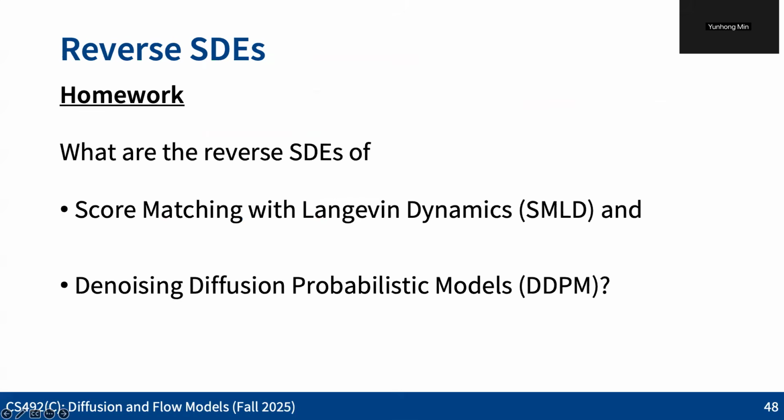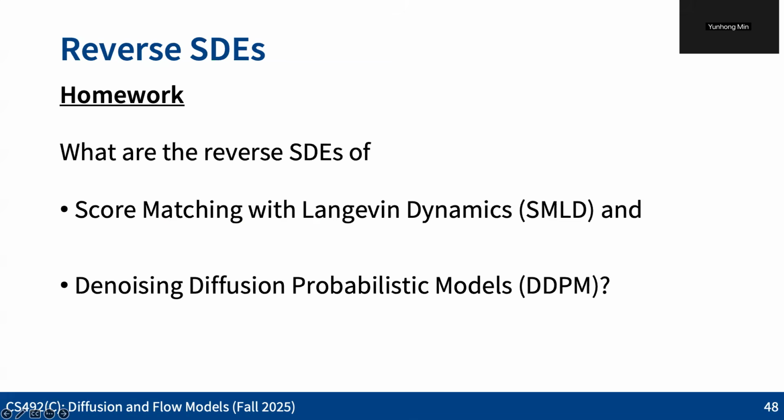So before we wrap up today's lecture, we have seen the forward SDE formulations for SMLD and DDPM, right? And also for the general case of the forward SDE, we could see how we can derive the reverse SDE, which means that now we can really derive the reverse SDE for each of these two cases.